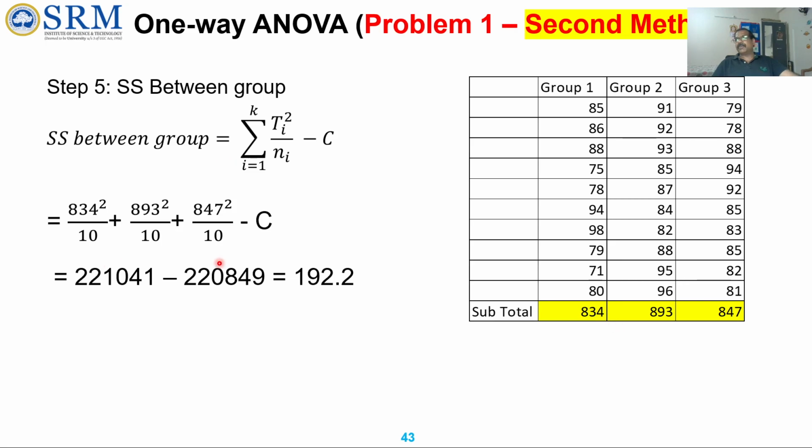Here 10 observations, here also 10 observations, here also 10 observations. If the observations are different, accordingly you have to substitute here. That squared, like sum squared divided by number of observations, the summation of all minus correction factor. So 834 whole squared by 10, 893 whole squared by 10, plus 847 whole squared by 10, minus correction factor will give you SS between groups.